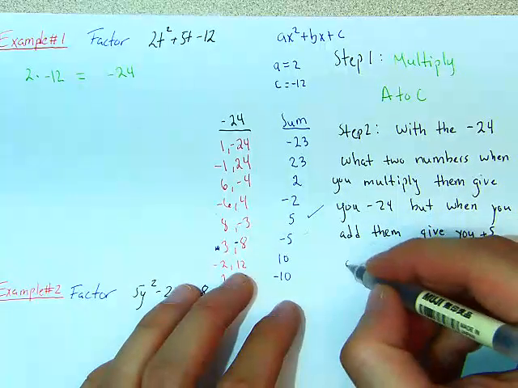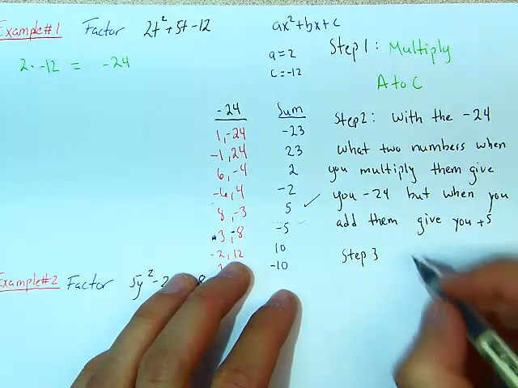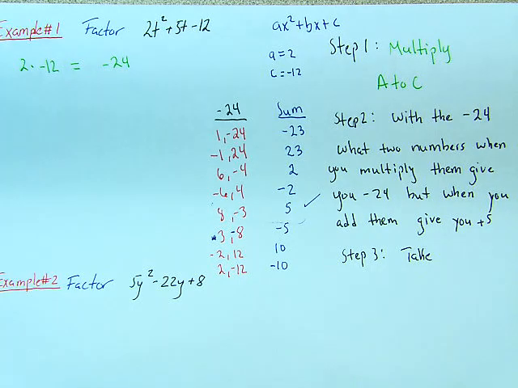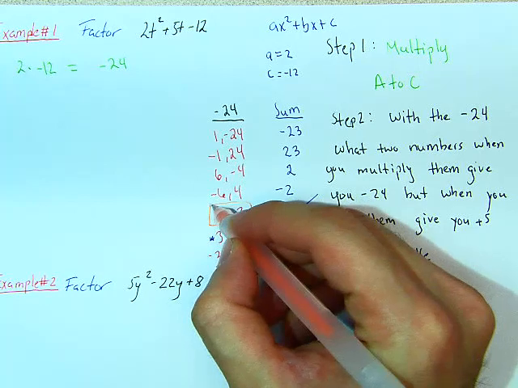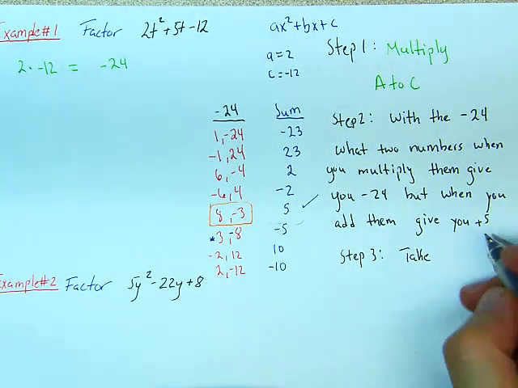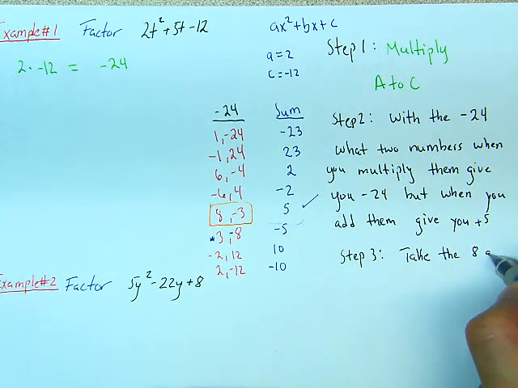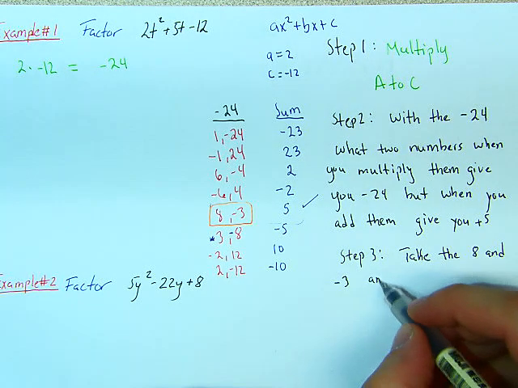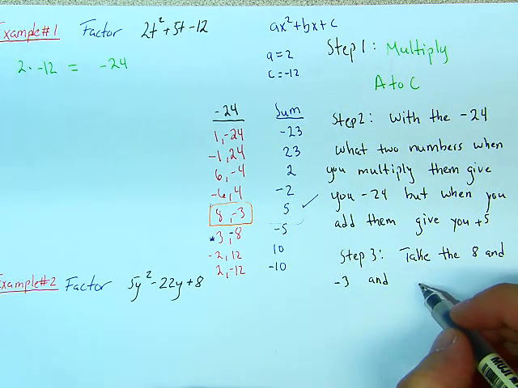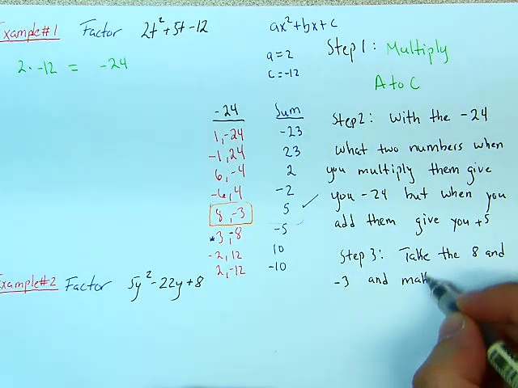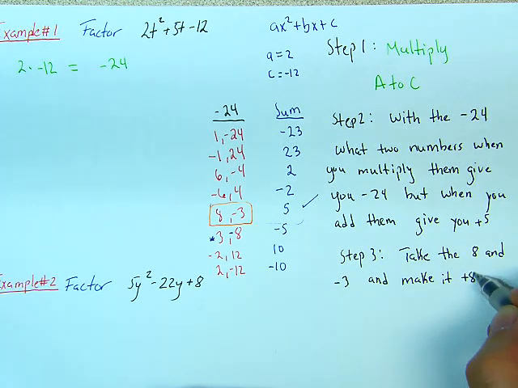So step 3, we're going to write it here. Let's put it in the orange. We're using that 8 and negative 3, right? Take the 8 and negative 3 and make it positive 8x.